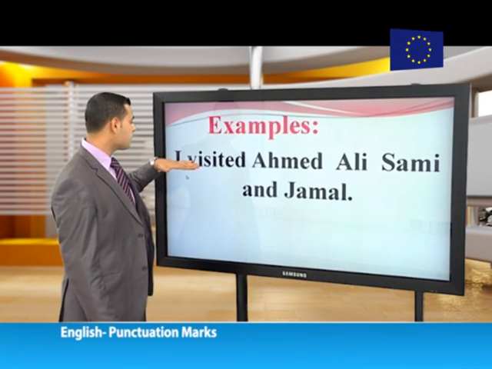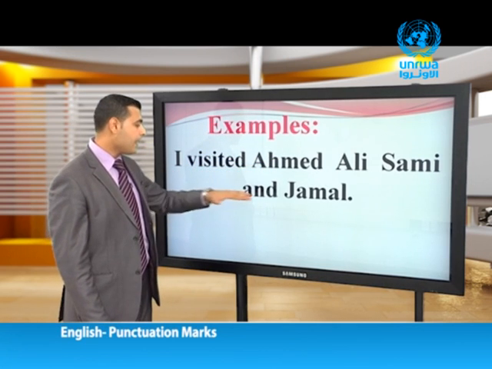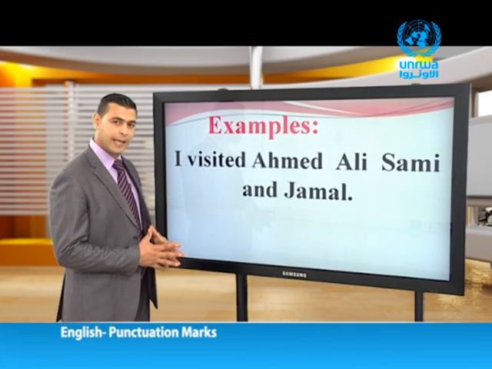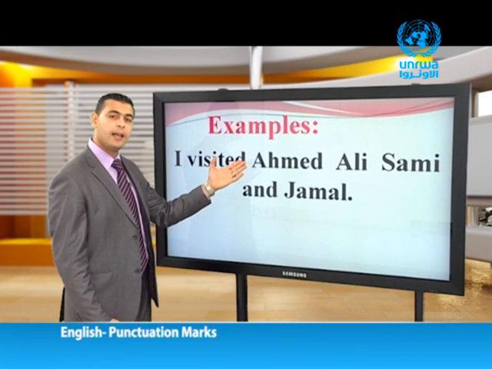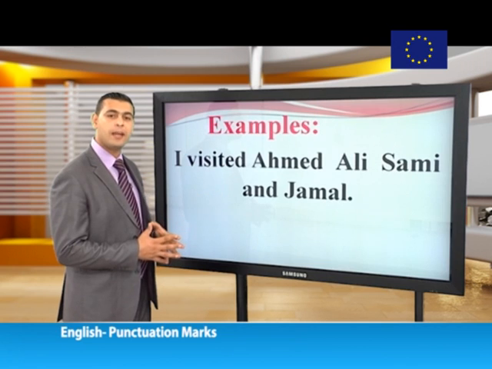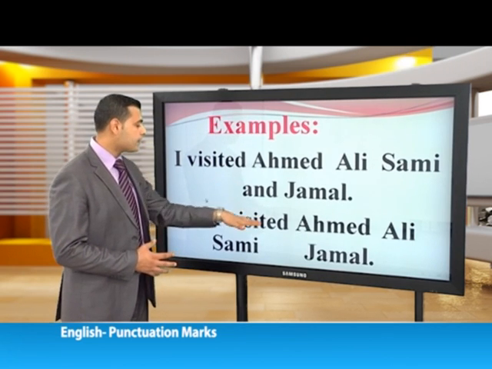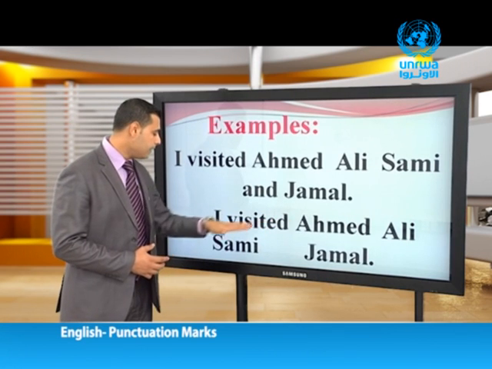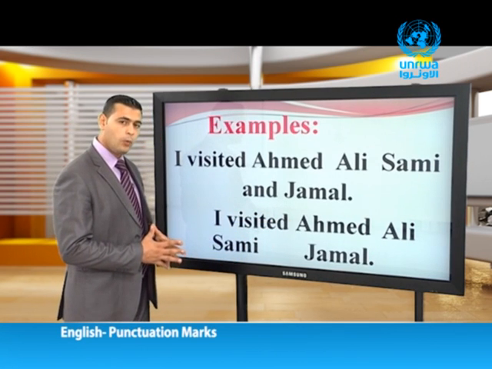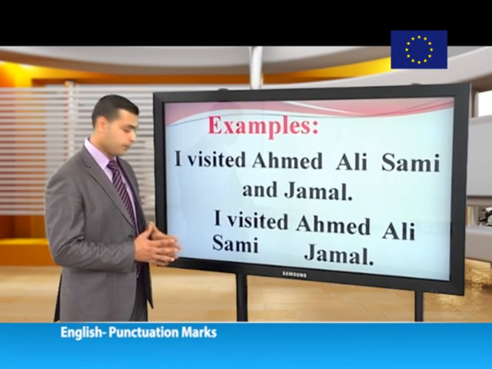Let's have some examples. I visited Ahmed, Ali, Sami, and Jamal. Here we have a list of names. We have 4 names. What should we use between these 4 names? ماذا يجب أن نستخدم بين هذه الأسماء الأربعة في هذه القائمة؟ Look here.